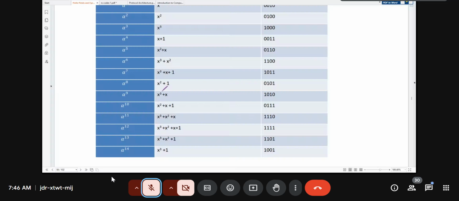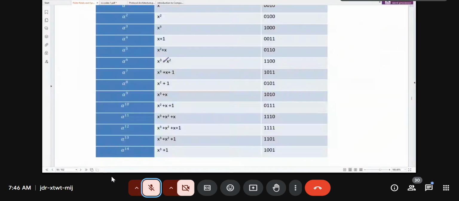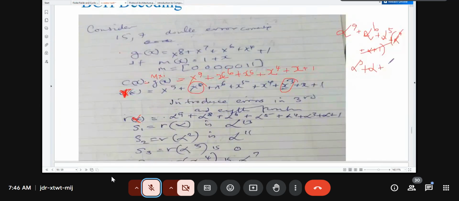So this is alpha to the power of 3 plus alpha, plus, let's see what is alpha to the power of 6. Alpha to the power of 6 is alpha to the power of 3 plus alpha to the power of 2. And then we have alpha to the 5.